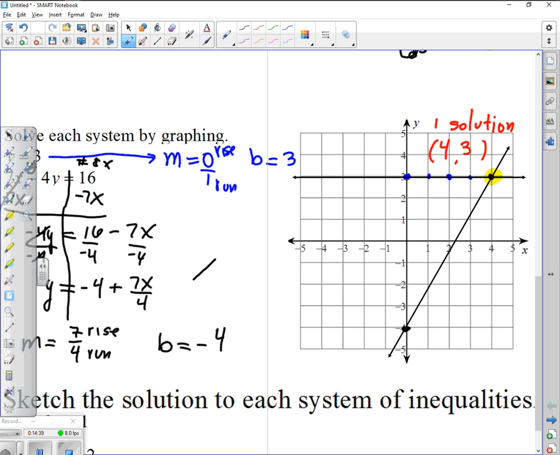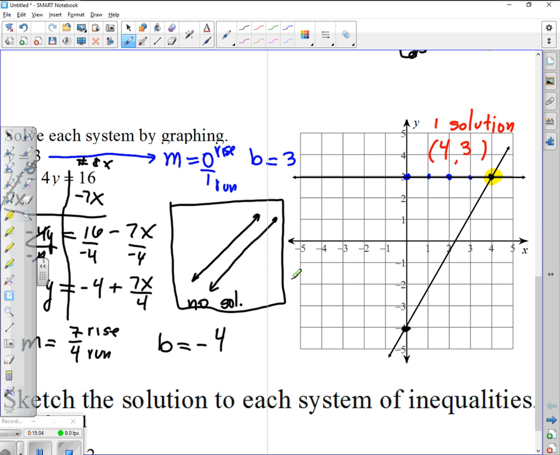If the lines are parallel, they don't intersect. They have nothing in common. So in this case, your answer will be no solution. Okay, if the lines are one on top of the other, that will look something like this.